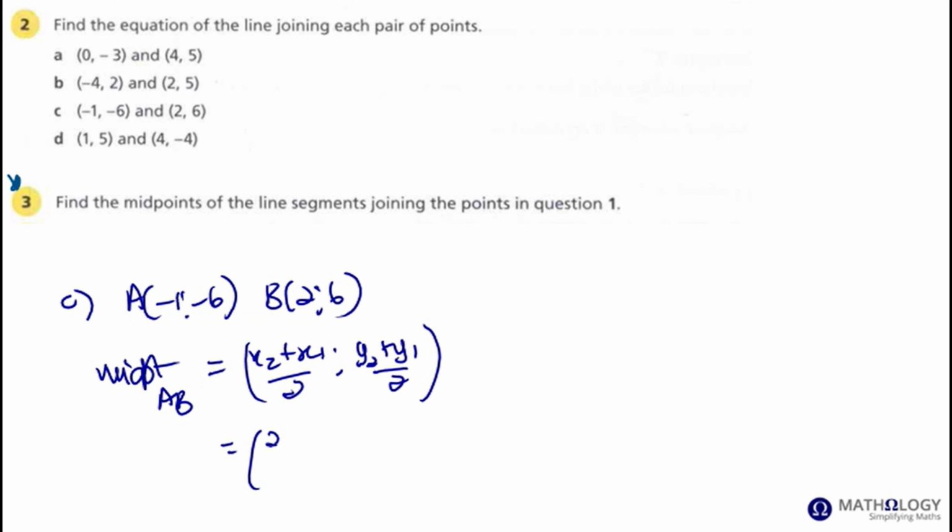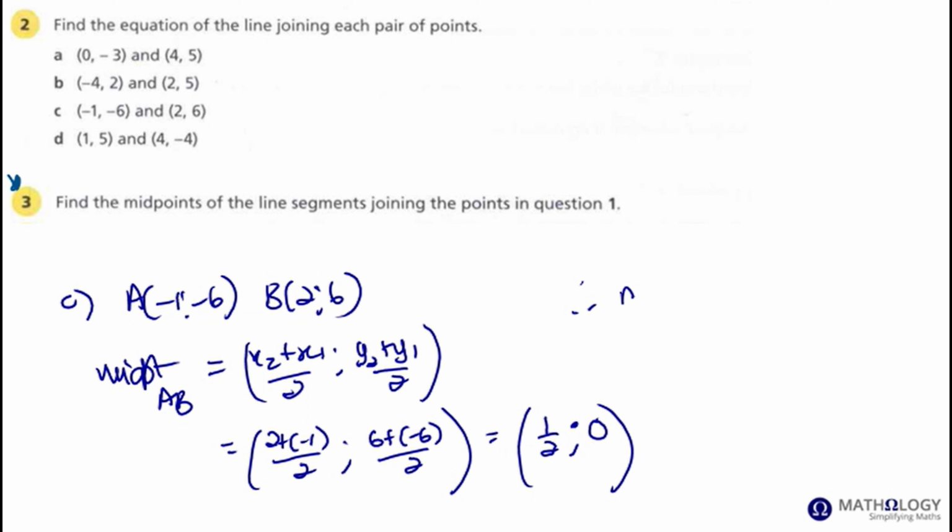So we will have 2 plus (-1) over 2, 6 plus (-6) over 2. That'll be 2 minus 1 is 1, 1 over 2 is a half. Leave it as a half, it's not 0.5. 6 plus -6 is 6 minus 6 is 0, divided by 2 is 0. So therefore M, the midpoint of AB, is the point (1/2, 0).